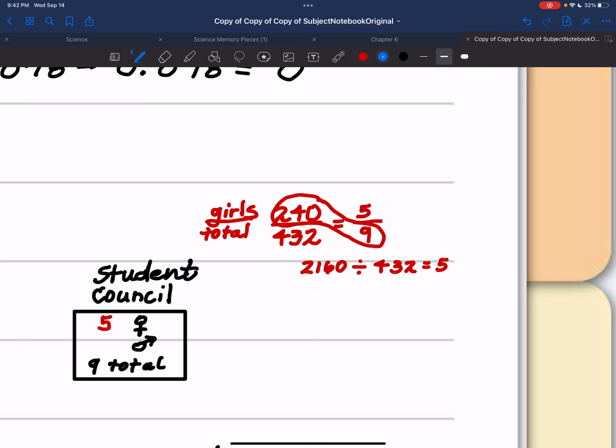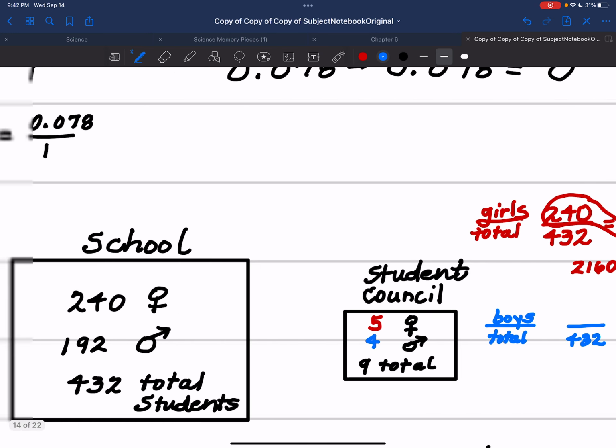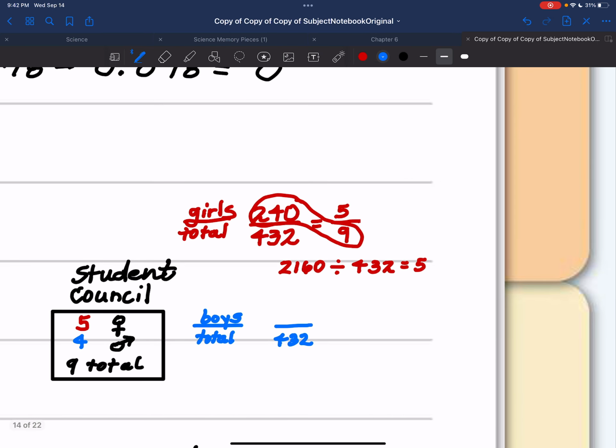But I'm going to show you, just for the sake of practice, how you could do it this way also. So for the whole school, there were 432 students total. 192 of them are boys.